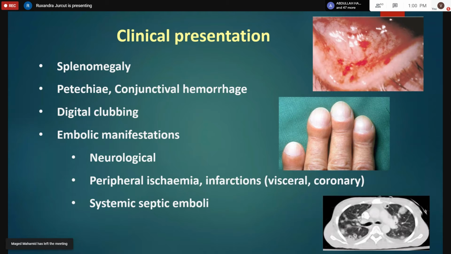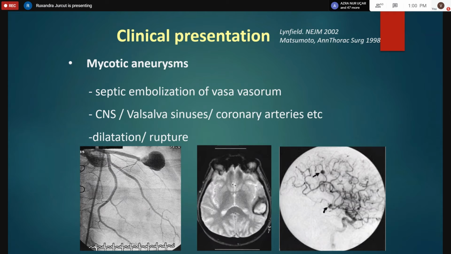And then you have the embolic manifestations, which can, as I said before, present as clinical signs, and I mentioned them just before. Another dreaded complication of infective endocarditis is the mycotic aneurysms. What are these? They are the effect of septic embolization in the vasa vasorum of the different vessels, the small vessels that bring blood to the vessel wall.